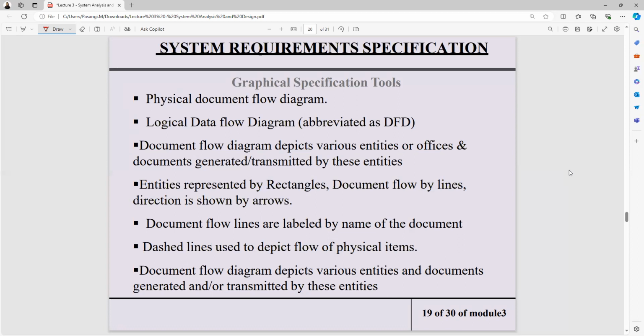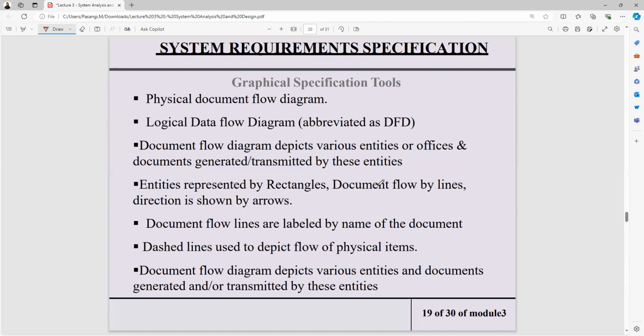The document flow diagram depicts various entities or offices and the documents generated and transmitted by these entities. The entities are represented by rectangles, so the rectangle symbol represents entities. We then document the flow by lines, and the directions are shown by arrows.